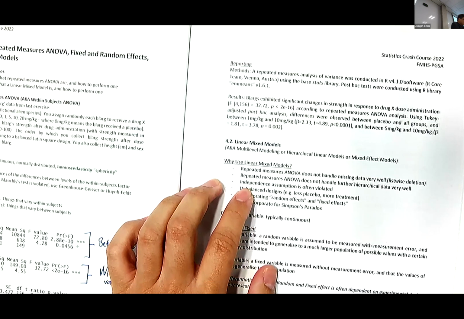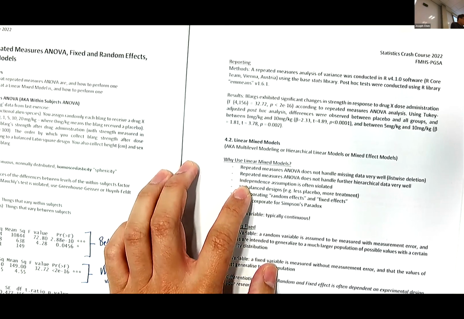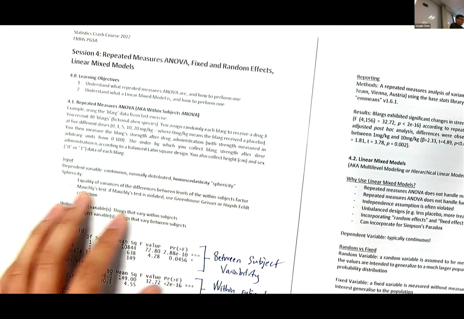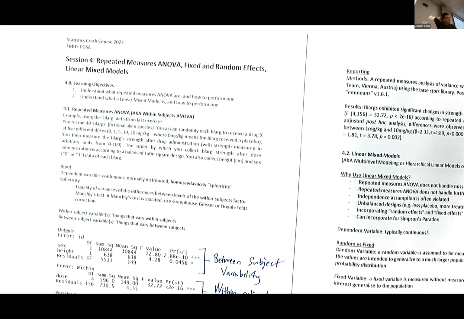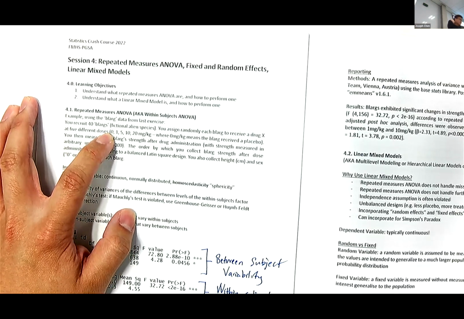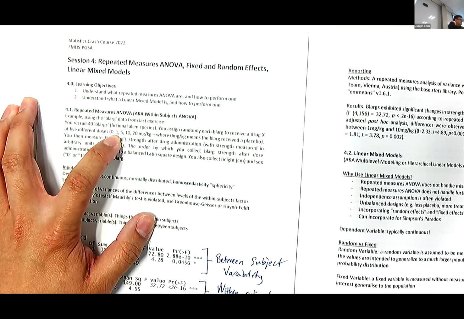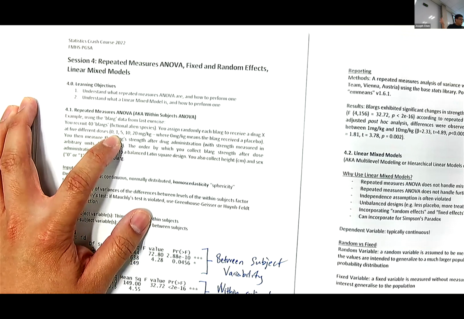Okay, and also linear mixed. So when you do repeated measures ANOVA, it's always a bit weird. And look, there's always this assumption of independence, right? However, when you measure a blarg 5 times, it's not really independent data, because the data does depend on one another. So let's say blarg number 1 elicited, with a dose of 0, a strength of 50, and then after you gave them a dose of 1 milligram per kilogram, they might elicit a strength of 51.